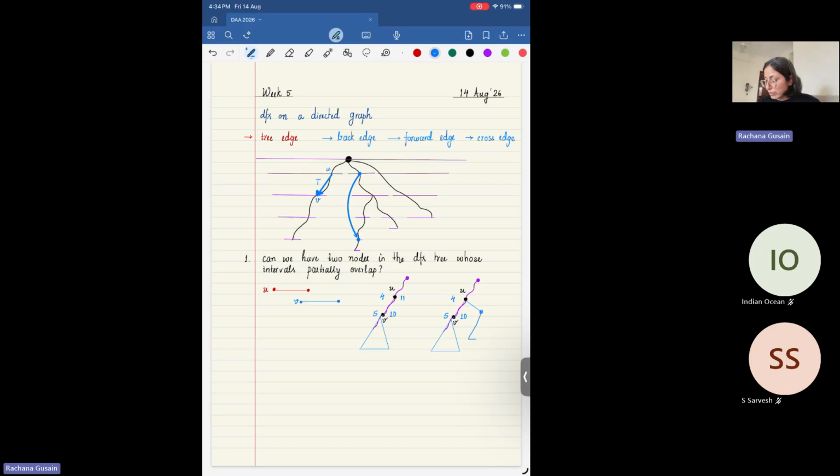We need to complete this exploration and finally come back to U. Let's say exploring this entire region takes some time, there were a few nodes here, and I'll finally assign it a finishing time, let's say 20.